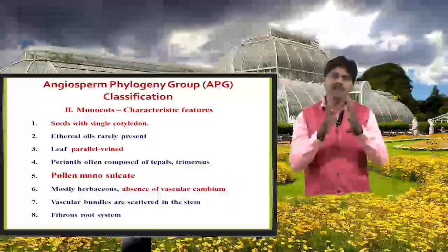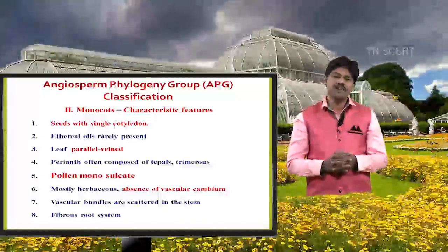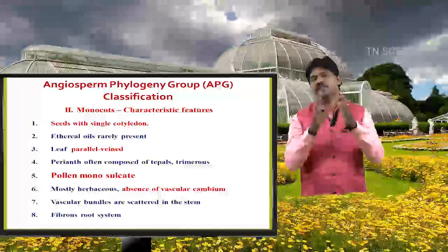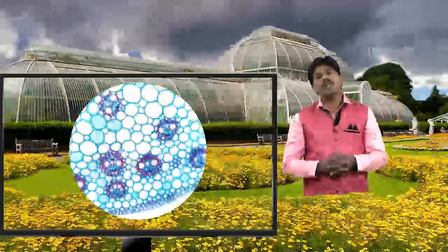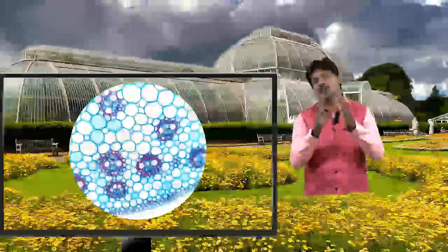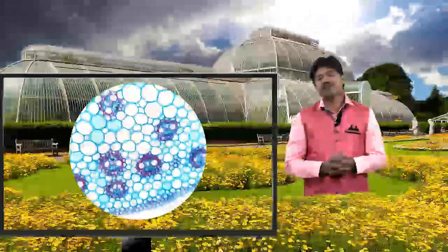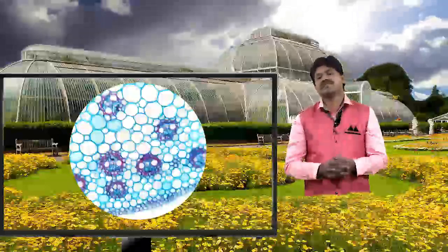And another important character is a monosulcate pollen grain. And cambium is absent. That is why it is mostly herbaceous. The vascular bundle is a closed type and arranged in a scattered manner. So these are some of the characteristic features of monocots.